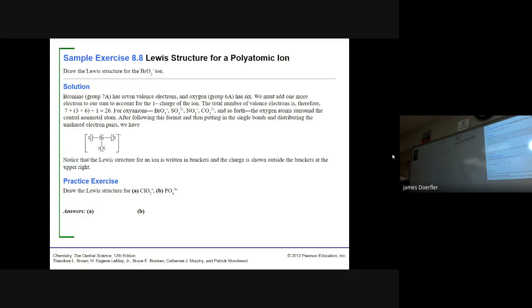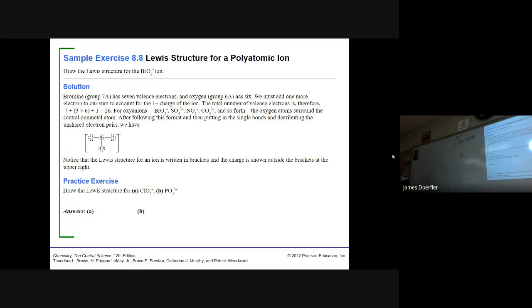And there's a rule of thumb with oxyanions as to who goes in the middle. When we have oxyanions, the oxygens go on the outside automatically. So it makes our job pretty easy when it comes to determining who our central atom is. It's going to be phosphorus.